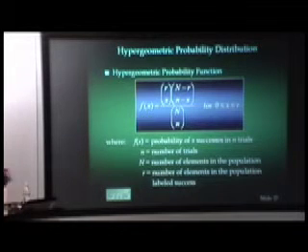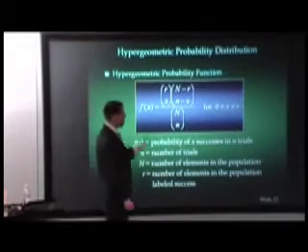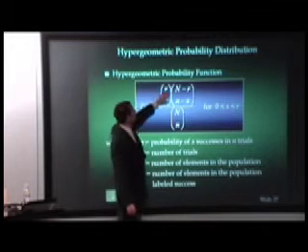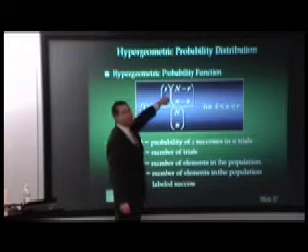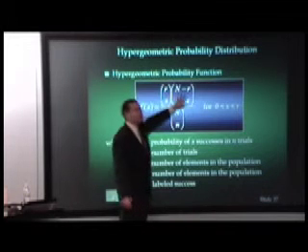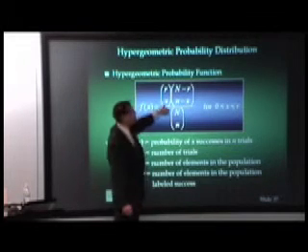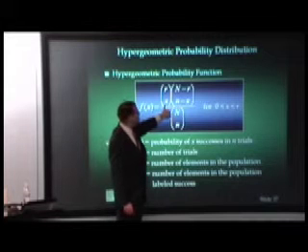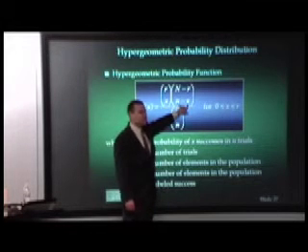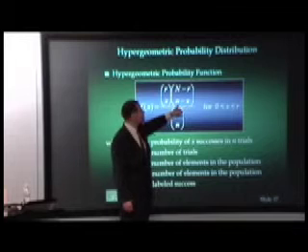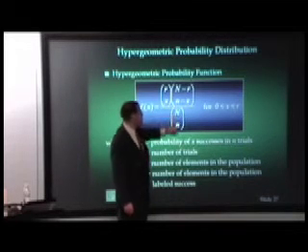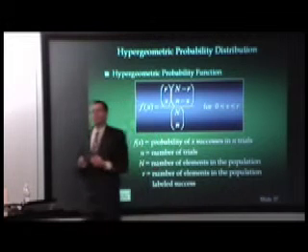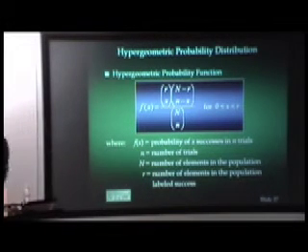The formula for this is actually, again, something you've seen, and just keep this in mind. What we do is we have a total number of socks in the drawer. There are r red socks, N minus r black socks. We want the probability of picking out x red socks, and therefore n minus x black socks, because little n is the number of socks we actually pull out. And therefore, big N choose little n: different ways we can pull out little n socks from a drawer of big N socks.